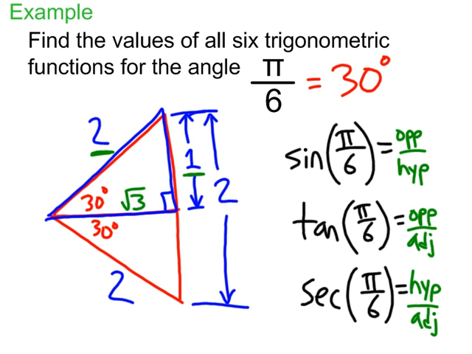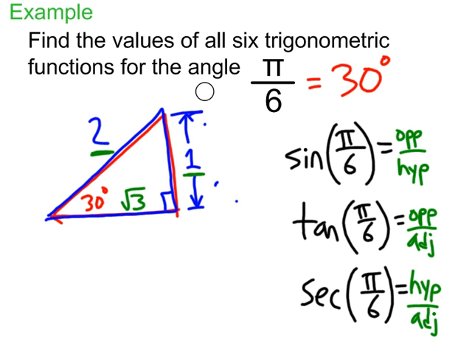So in any case, let's look at our angle here. And I'm going to clean up my drawing just a little bit since it's getting a bit messy. All right. So which side represents what? Well, we're looking at the 30 degrees here.